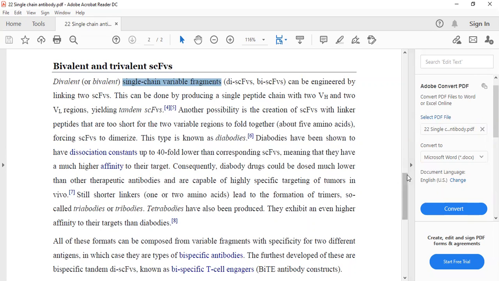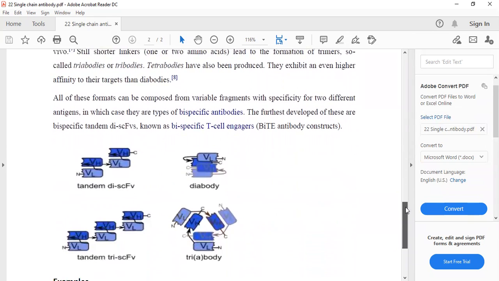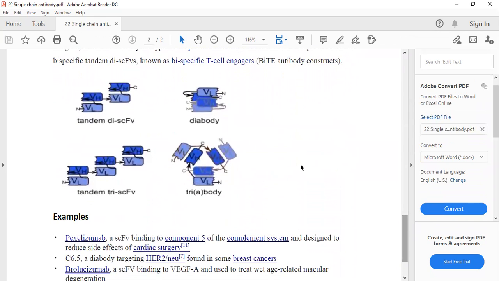We can understand it by the diagram here. This is the antibody, this is the single chain antibody, and the variable regions of these two will bind each other, making a di single chain variable fragment.